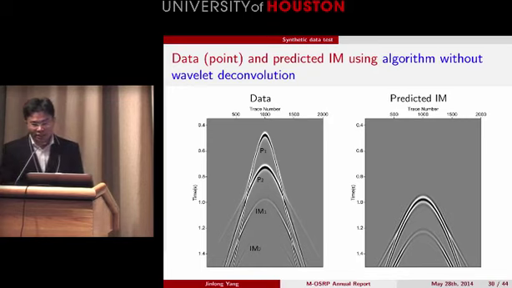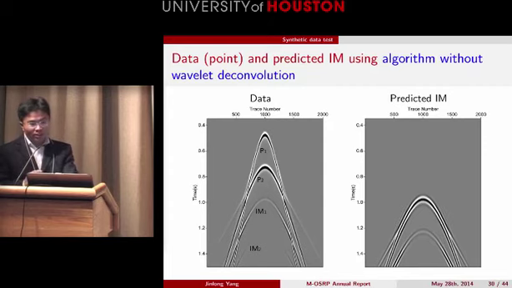If we apply the current algorithm without a wavelet deconvolution, the right-hand side is the prediction. We can see the phase is correct, but the amplitude is totally different, and the shape is different. So we cannot easily subtract directly from this data.